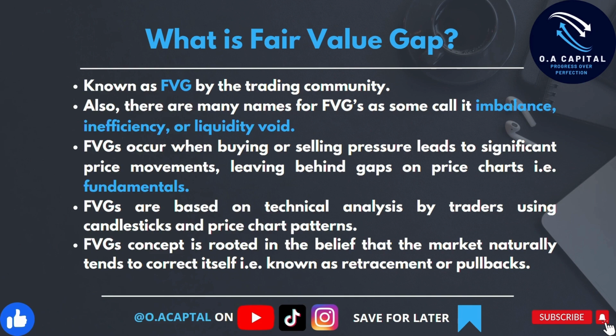What happens with fair value gaps is when there's a huge push to the upside or a huge push to the downside, causing no equal buying and selling transaction going on, where there's a huge bias, positions going up to the point where price is pushed and there's no retracement to the last wick that caused the last closing of the wick or opening of the wick, based on what current trend we are in. So that is how fair value gaps work with price charts and price action.